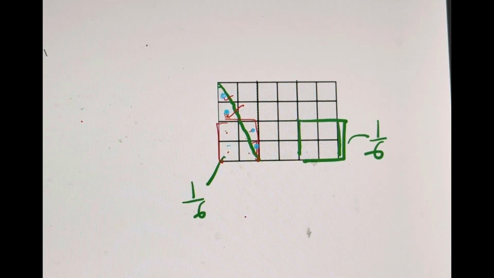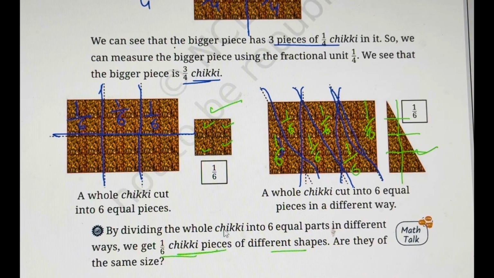So both will become the same. So you can imagine it in this way also. So with the help of the grid, we understood that these both pieces, 1/6, this square and this triangle, both are the same size. You can write it as, yes, they are of the same size.